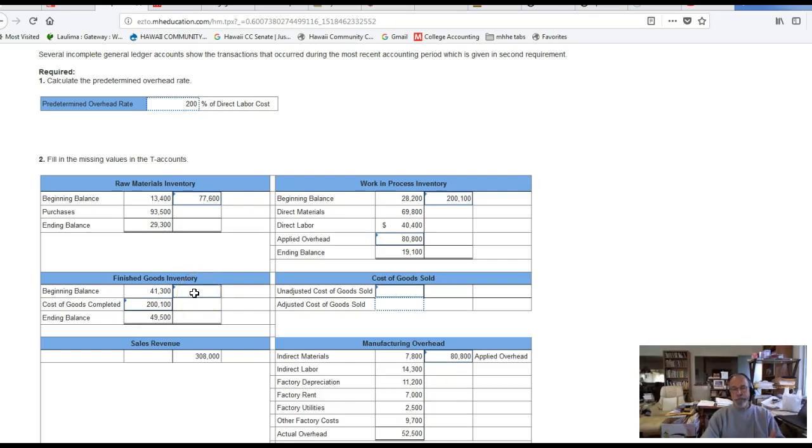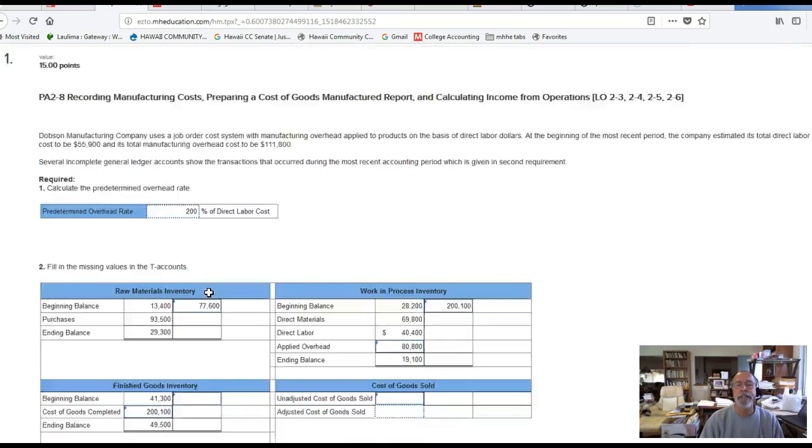And again, finished goods inventory, asset account, debit balance account. So a credit is used to reduce this account. And so the cost of those jobs sold during the period would be represented by this credit.